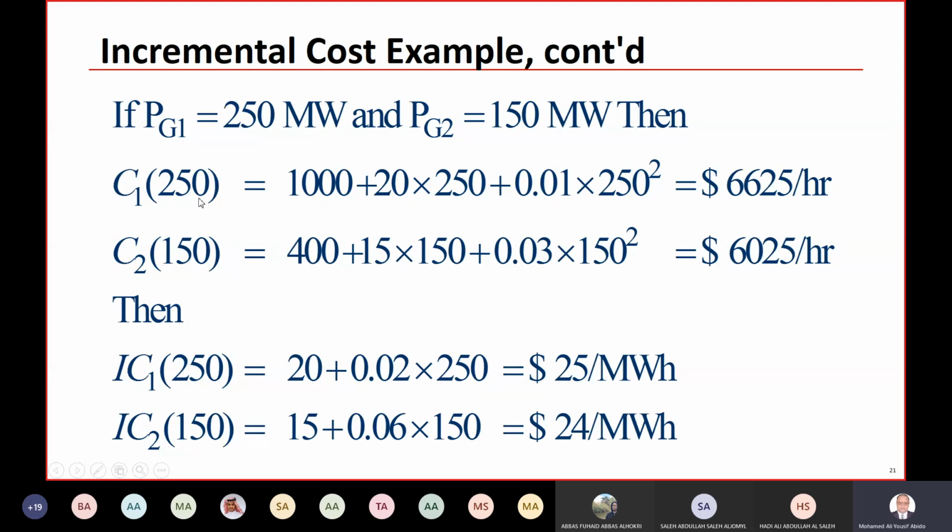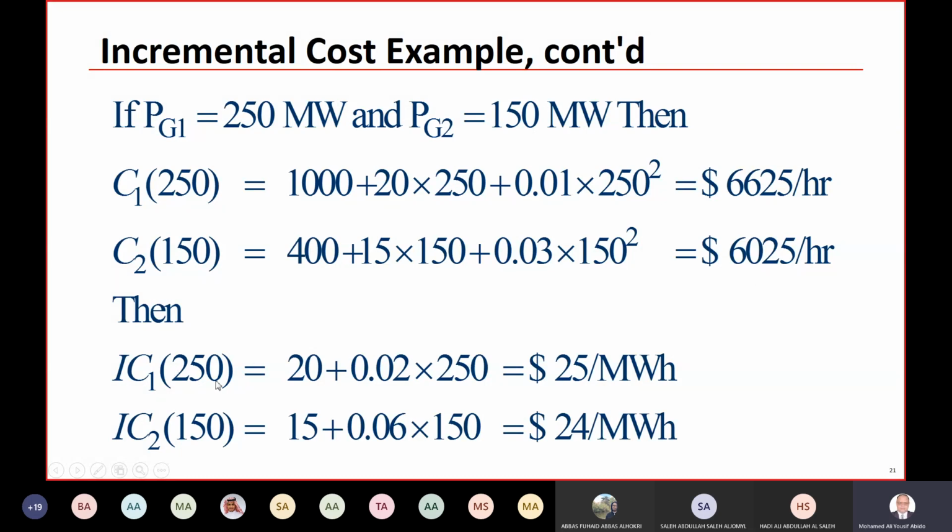So at this level of loading of generator number 1, the cost equals 6,625 dollars per hour. For 150 megawatt for generator 2, the cost is 6,125 dollars per hour.